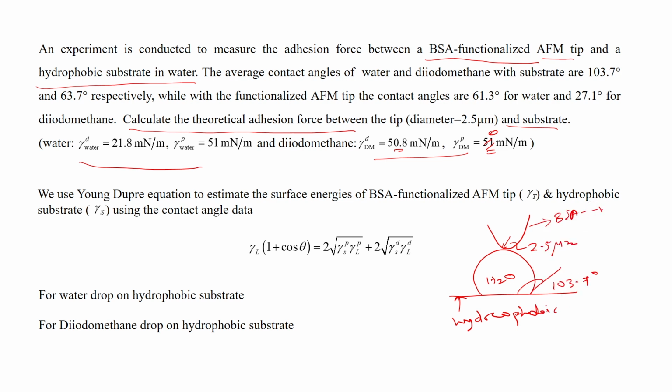So what exactly do you have to do? The surface energy of this hydrophobic surface is not given, although the contact angle of water on this surface is given, and the surface energy of the tip is also not given.